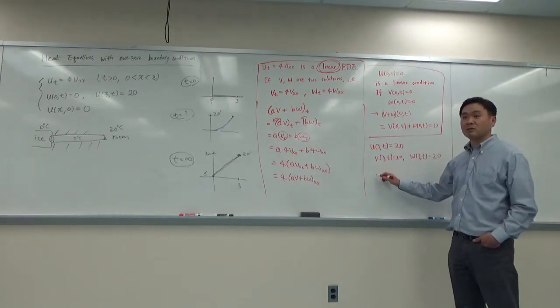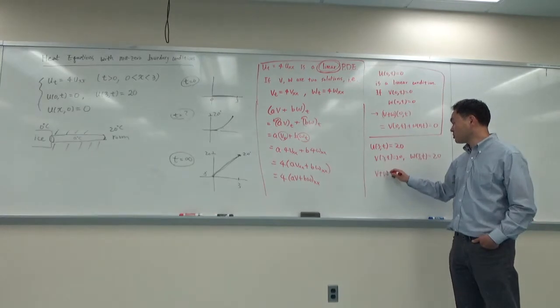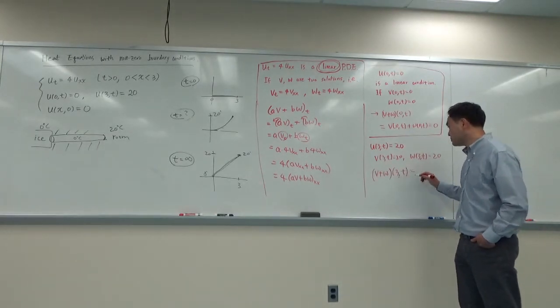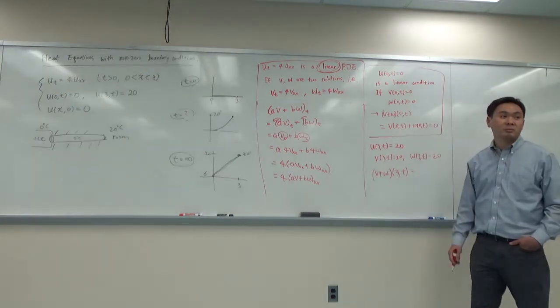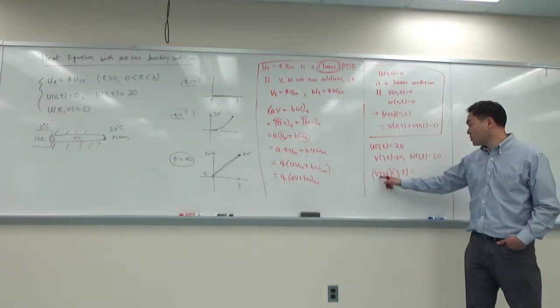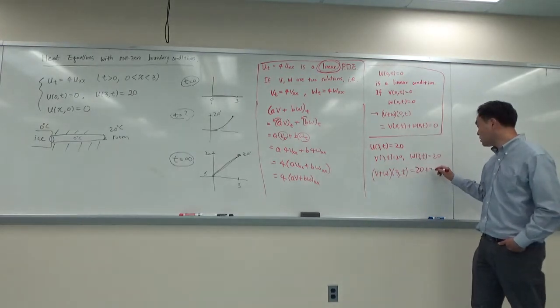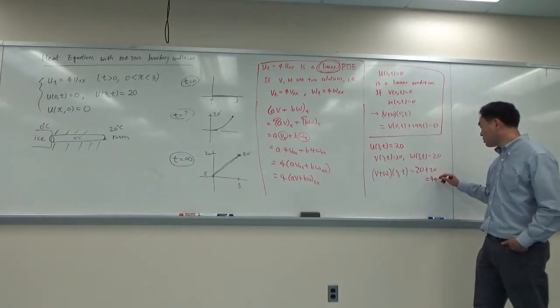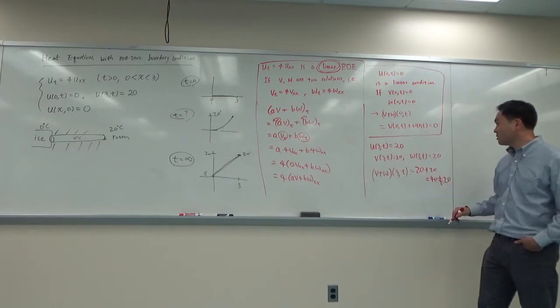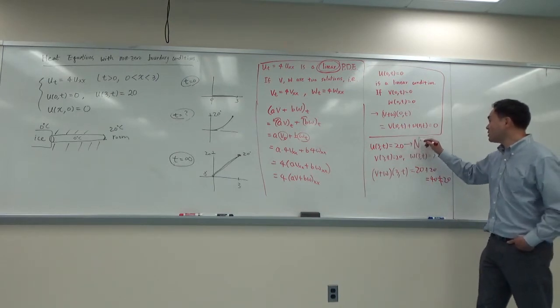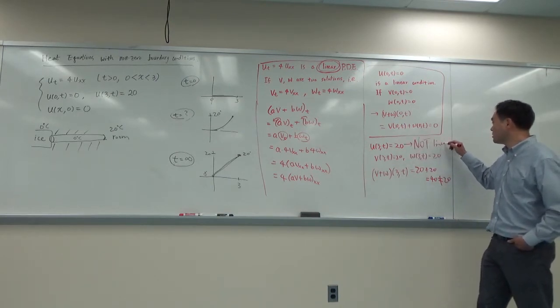What condition does v plus w evaluated at 3,t give you? 40. It'll give you 40, right? Because v of 3,t is 20, w of 3,t is 20 again, so it's going to be 40. So that's not equal to 20. So this is not linear.